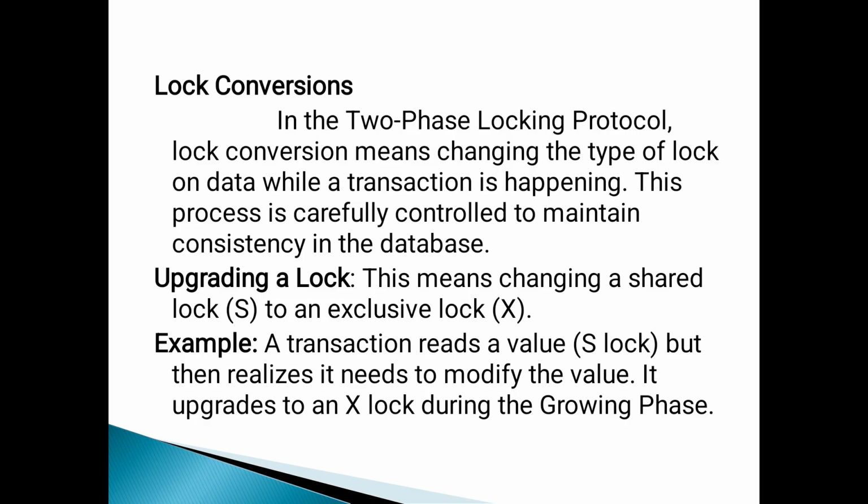This means changing a shared lock to an exclusive lock. For example, a transaction reads a value with an S lock, but it realizes it needs to modify the value. It upgrades to an X lock during the growing phase.